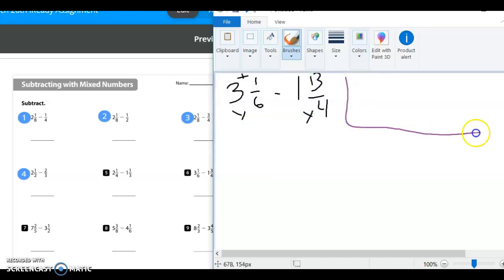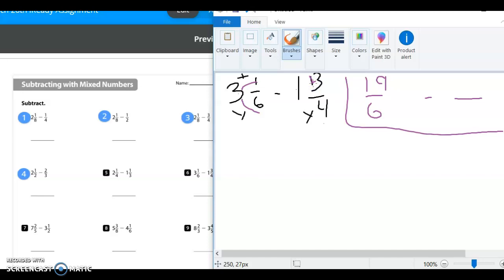So I've got to have a new problem. So 6 times 3 is 18 plus 1 is 19, and it's still over 6. 4 times 1 is 4 plus 3 is 7. That was supposed to be a plus sign, not just a 1.